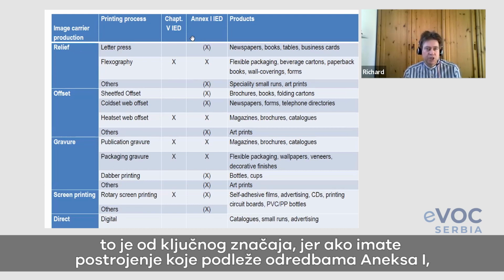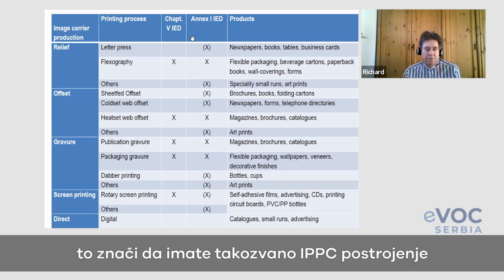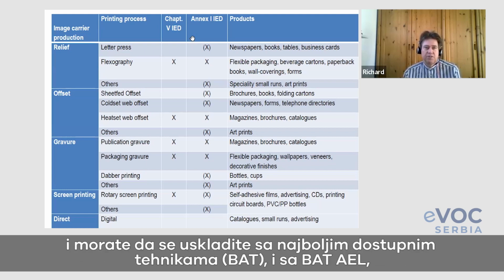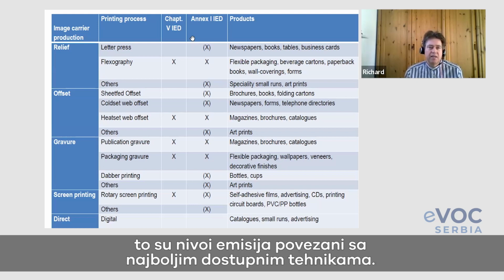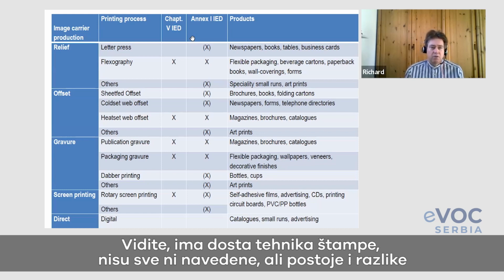That's very crucial, because if you have an installation that falls under that Annex 1, you have a so-called IPPC installation, and you have to comply with the best available techniques and so-called BAT-AELs, that are best available techniques associated emission levels.